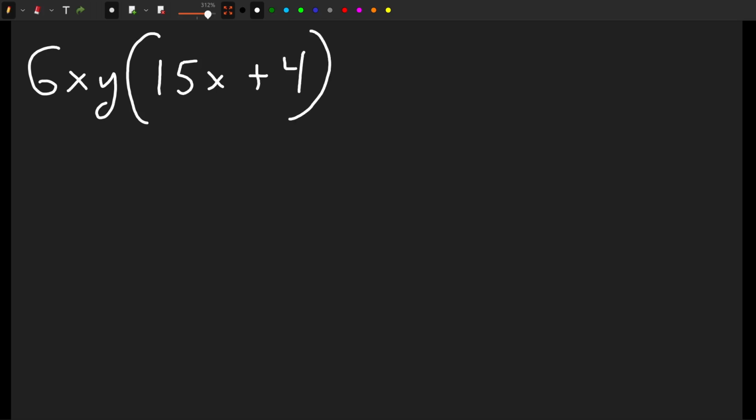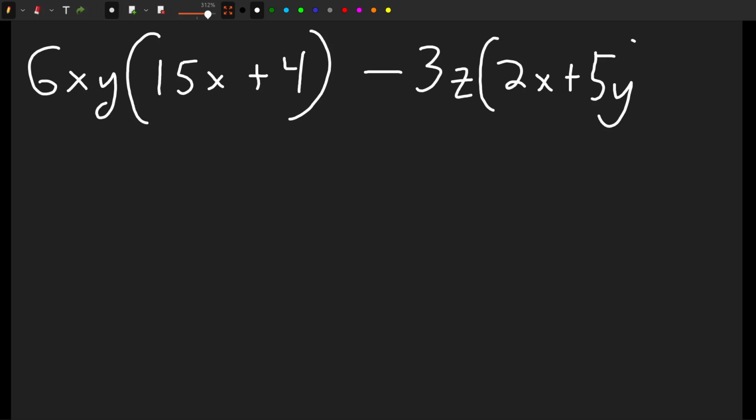All right, to start off, we're going to have 6xy, and then we're going to have parentheses 15x plus 4, end parentheses, minus 3z, starting a new set of parentheses, we're going to have 2x plus 5y, end parentheses, and then we're going to subtract 13xy.